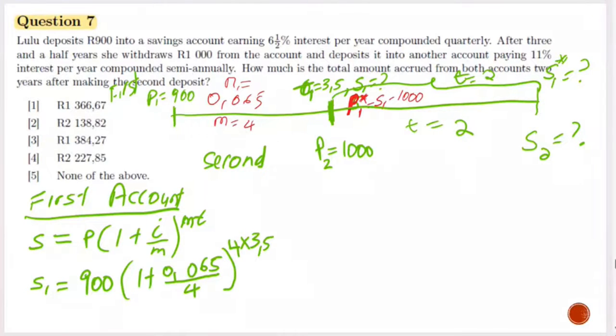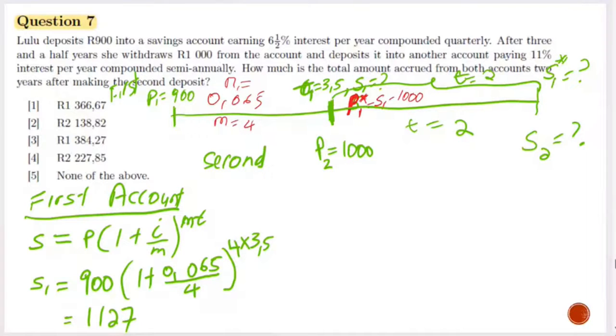You take this and plug it into your calculator. So your S1 is going to be equal to 1,127.847. I'm going to put everything into 3 decimal places, so then you can be as accurate as possible.